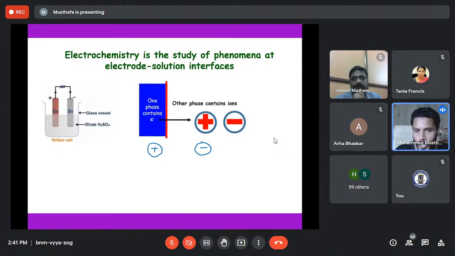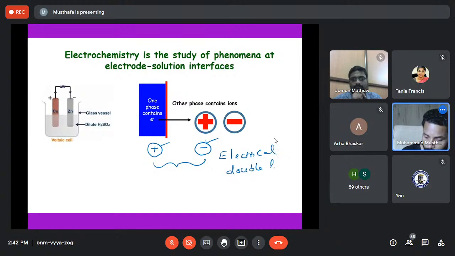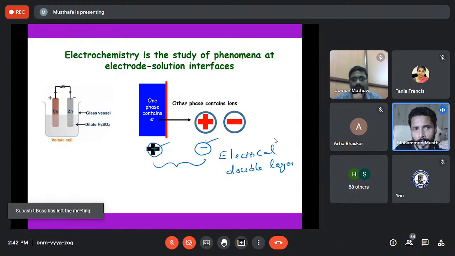So you can see there is a layer of charge on the metal side, plus charge, and there is another layer of charge on the solution side. Therefore, this interfacial region is often called the electrical double layer region. And the formation of electrical double layer is actually the fundamental act in electrochemistry.